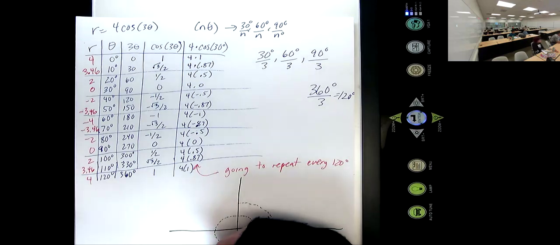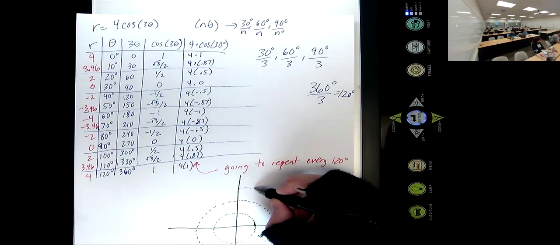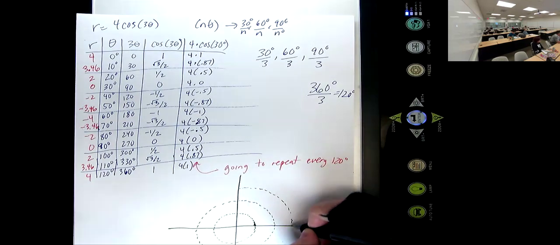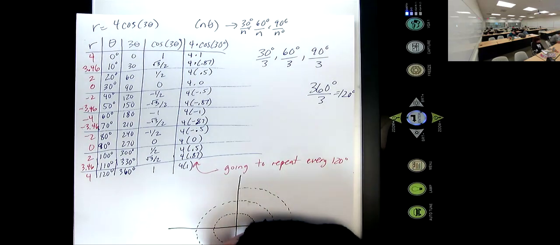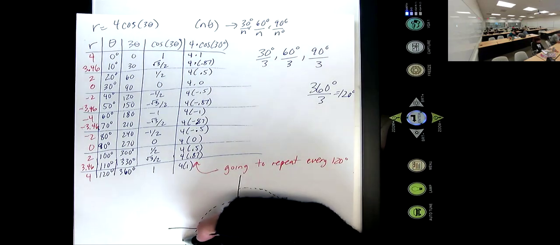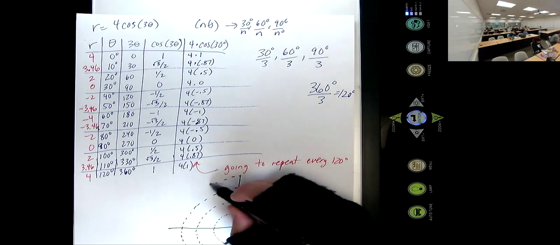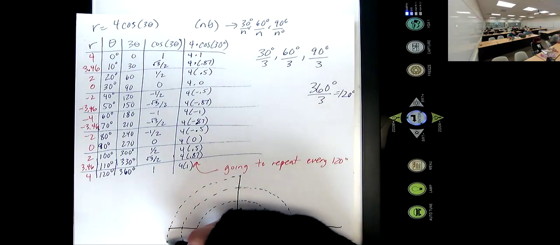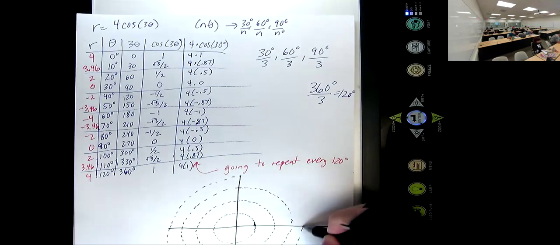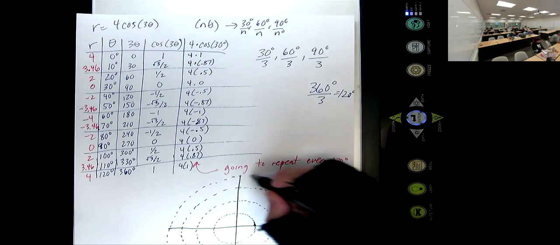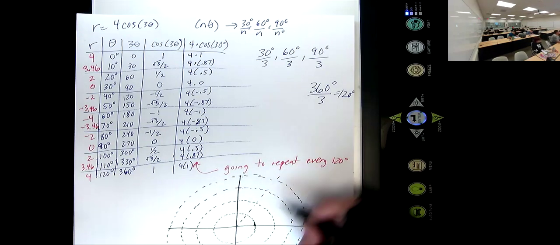I'm trying to do a dotted line so it doesn't look bad when I graph right on top of it. And I'm trying to keep these rings equally spaced. And then I'll put my 30-degree tracer lines in.